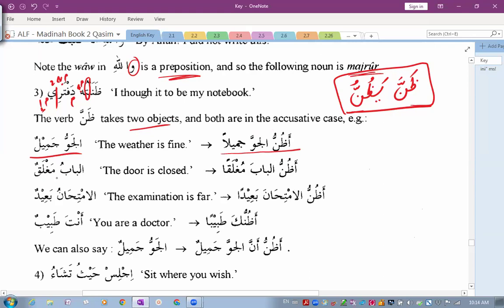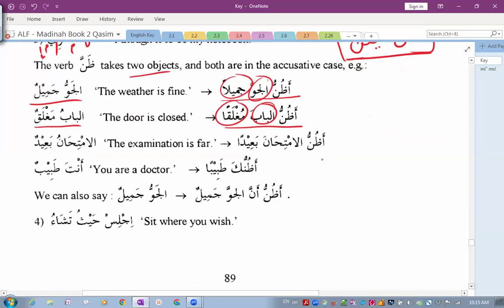Al babu mughlaqun, the door is shut. Al imtihanu ba'id, the examination is far. Azunnu al imtihana ba'idan.